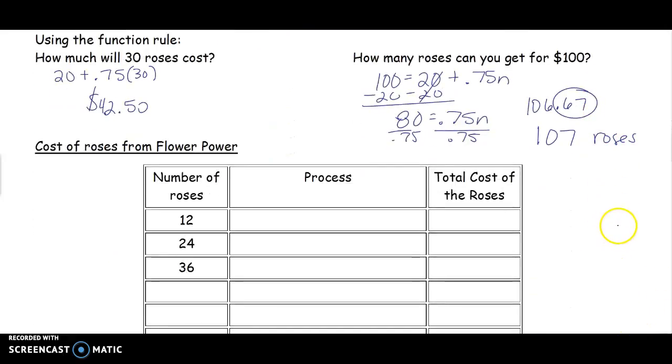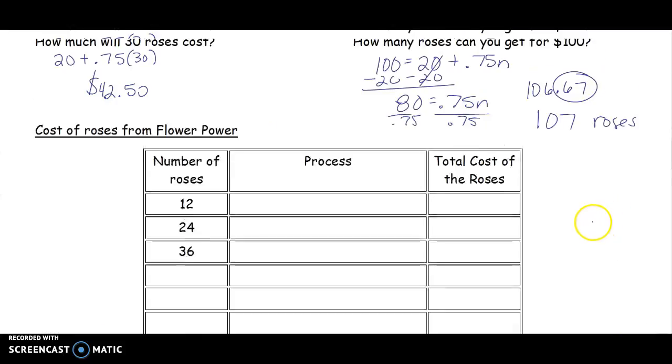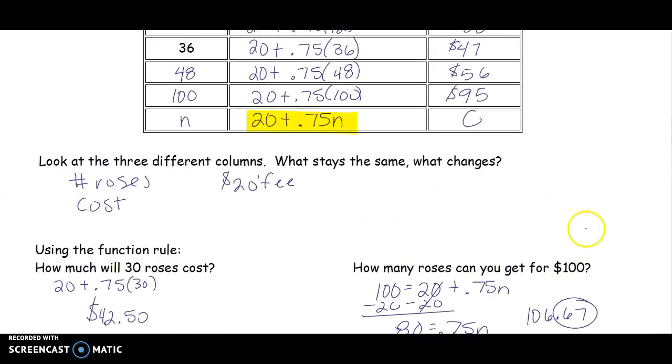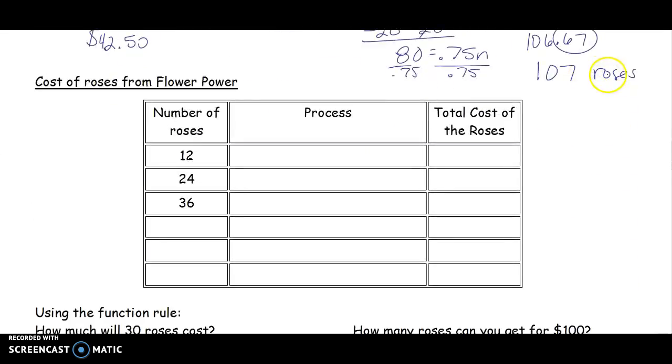Now let's talk about Flower Power. So we used 48 and 100 and n on our last one, so I'm going to do that here. Okay, and then for Flower Power, it was a $60 setup charge, but it was 50 cents per rose. Okay, so let's fill out our process column.